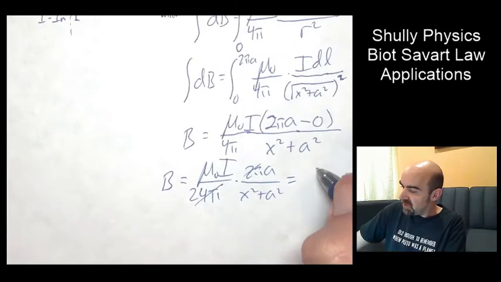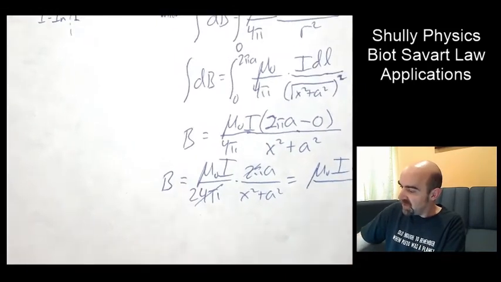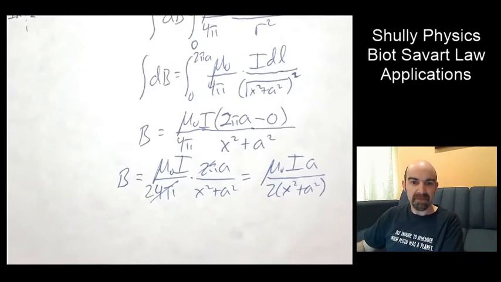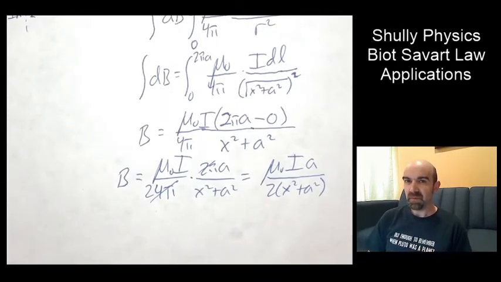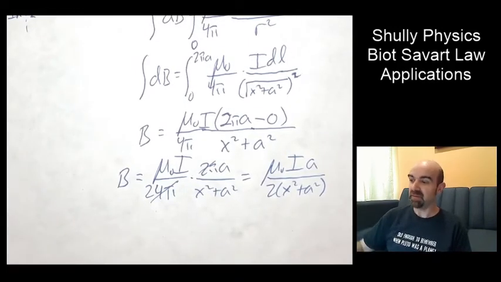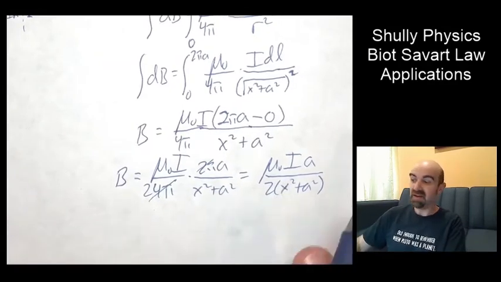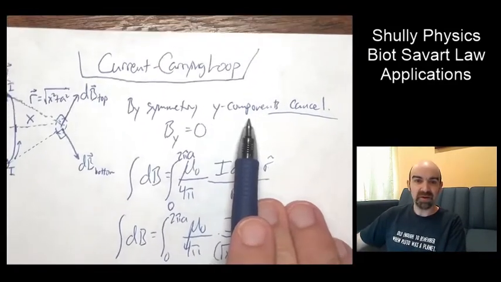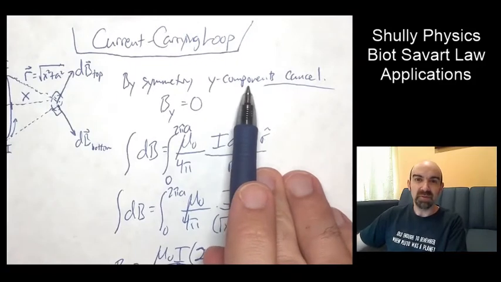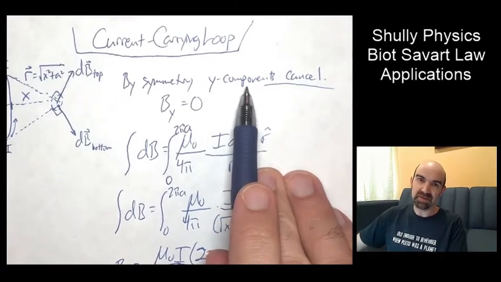And we'd have mu naught I a divided by 2 times x squared plus a squared. Okay, so be careful here. This is not the actual magnetic field at that point, because components of this cancel out. Do you remember back up here? The y components would cancel, leaving only the x components.